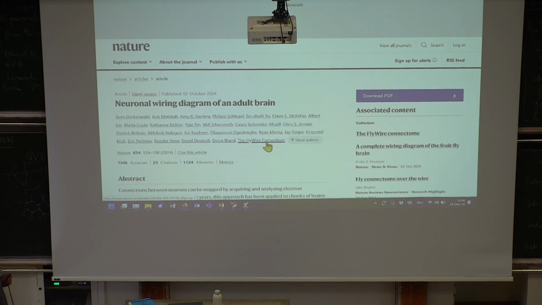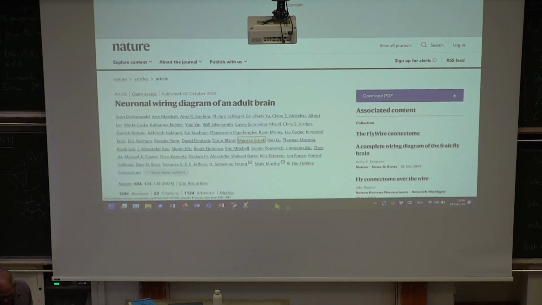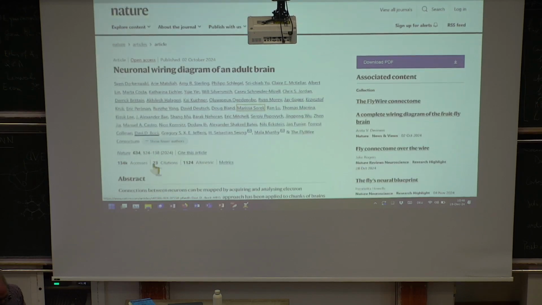And they decided to use this data that I'd shown you earlier that was created by Davi Bock, the kind of data that most other people had given up on as being too hard. The data I had shown you from Davi was from mouse, but here they've done this for the fruit fly.